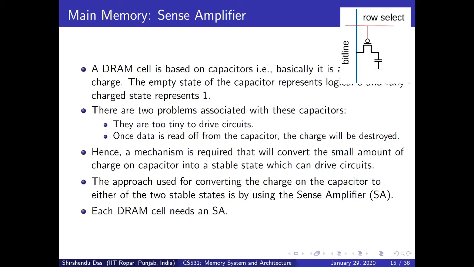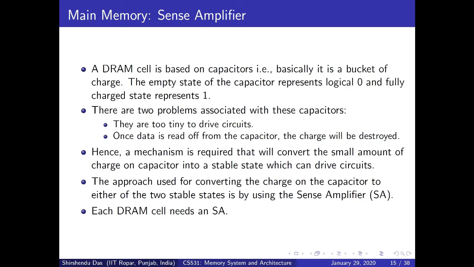The moment this transistor is activated, this charge will be available through this bit line, and then we can sense or read it. But it means that if we read this information, the capacitor will be discharged. That means even after reading, the data is discharged from the capacitor. So this is one particular problem with the DRAM cell.